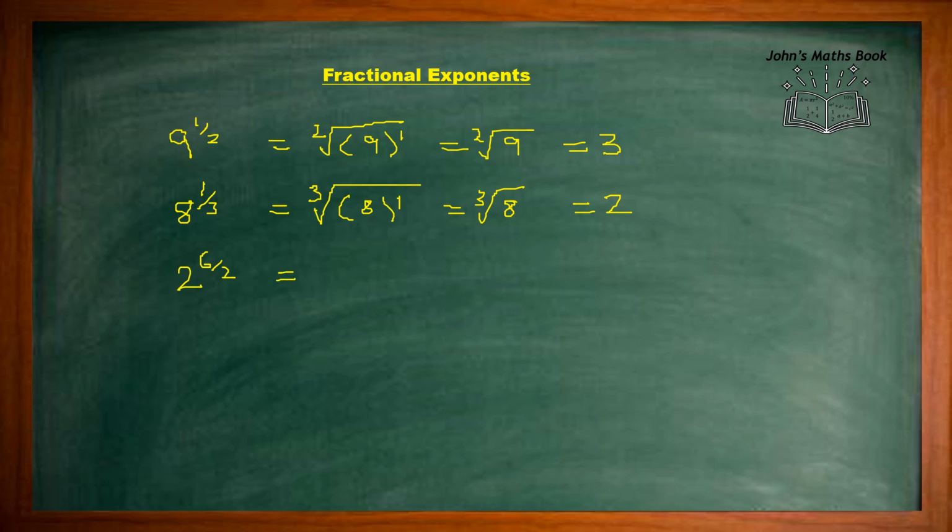So that's the square root of 2 to the power of 6, which is equal to the square root. 2 to the power of 6 is 64. And we know that the square root of 64 is 8.